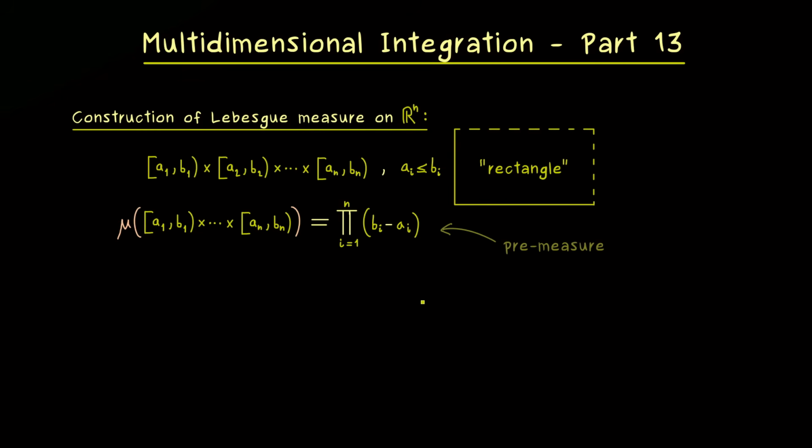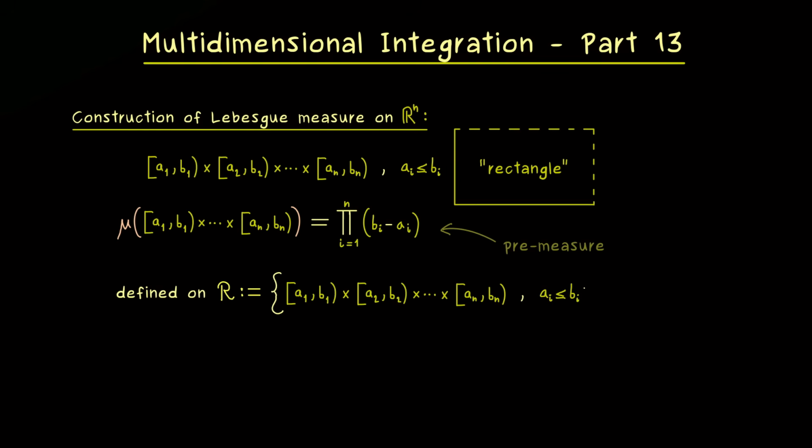And you can check out my measure theory course to see that this is what we usually call a pre-measure. It's not a full measure yet because it's just defined on a semi-ring of sets. And I denote this by a curved R because this one should include all these rectangles. So it's just the collection of all these rectangles, and you can see if you form an intersection of one rectangle with another, you get out a rectangle again.